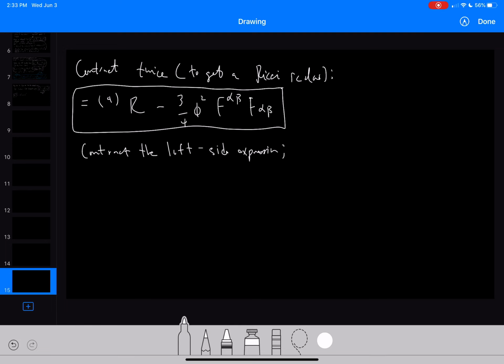So what I'll do is contract the left side expression in terms of the projection tensor. What I mean literally, and that projection tensor, if you remember, is g^AB, and it was given in terms of these Killing vectors.